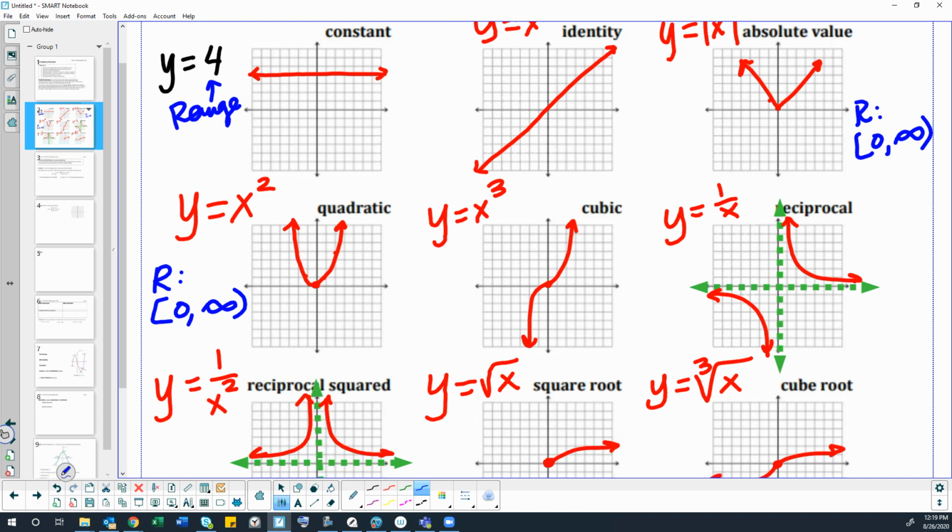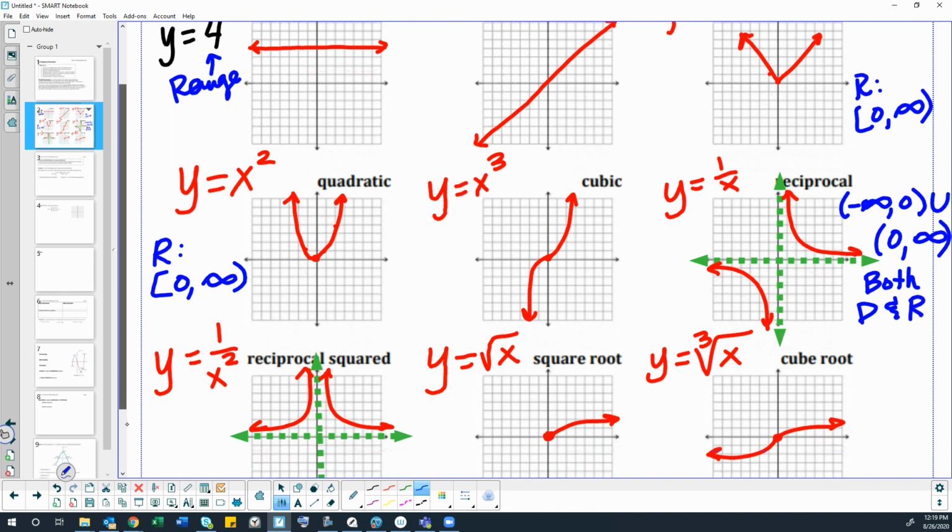Okay, reciprocal graph. So our reciprocal graph has these asymptotes. So we have to split up our domain and range a little bit. So it's going to be like negative infinity to 0, union, 0 to infinity. And that's like both the domain and the range, right? D and R. Okay.